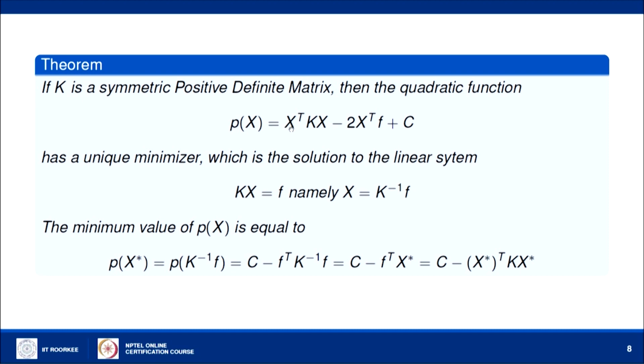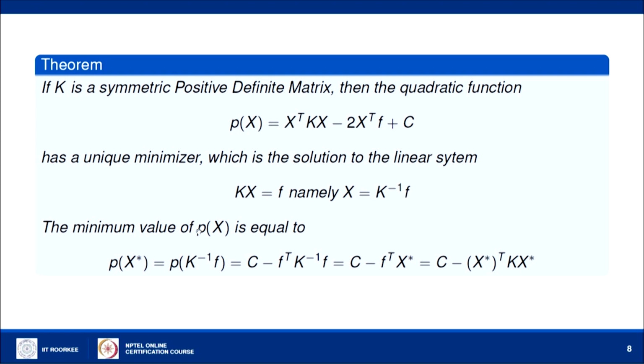So, please note down, the unique minimization or global minima of this quadratic function depends on the property of K. If K is symmetric and positive definite, then this quadratic function will certainly have a global minima, and this global minima is the solution of the linear system Kx equals f, namely x equals K inverse f.